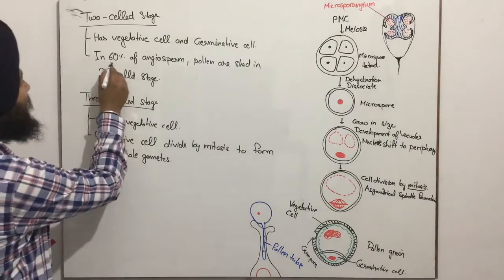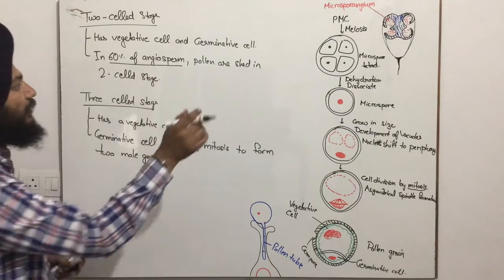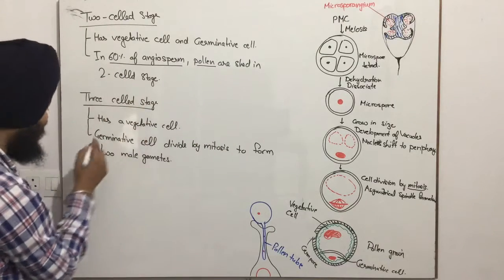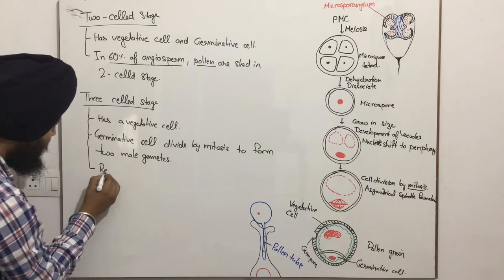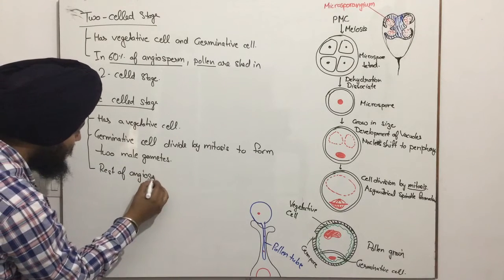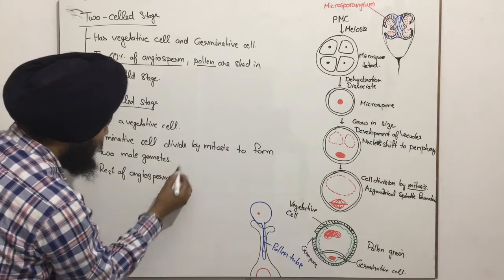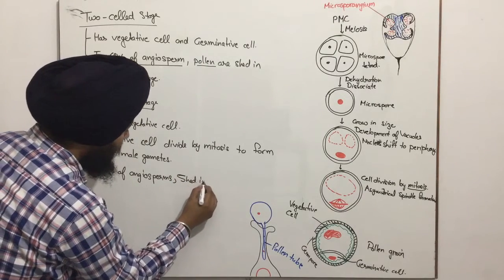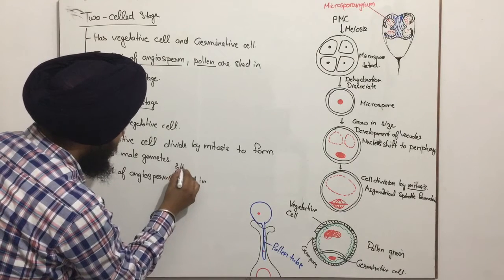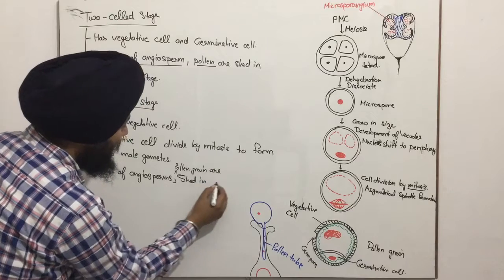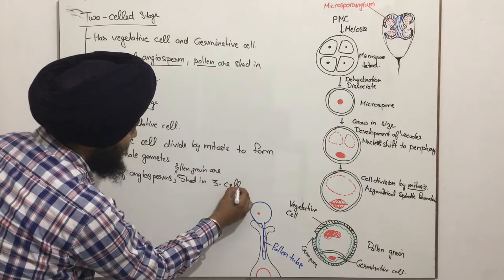And in 60% of the angiosperms, the pollen grains are shed in the two cell stage, and in the rest of the angiosperms or flowering plants, the pollen grains are shed in the three celled stage.